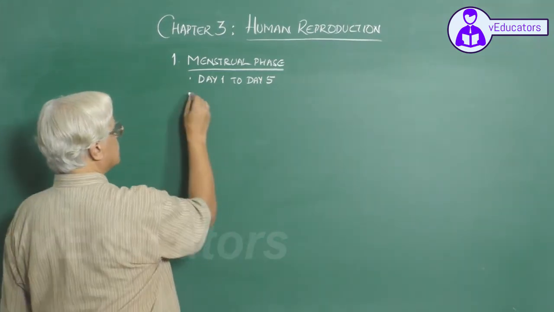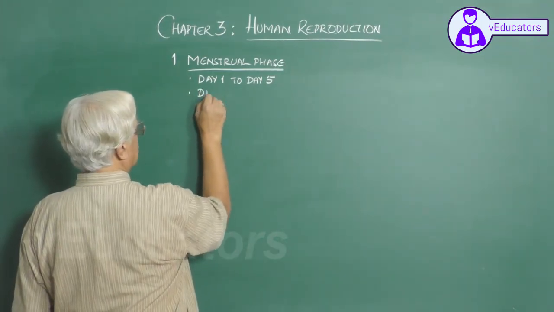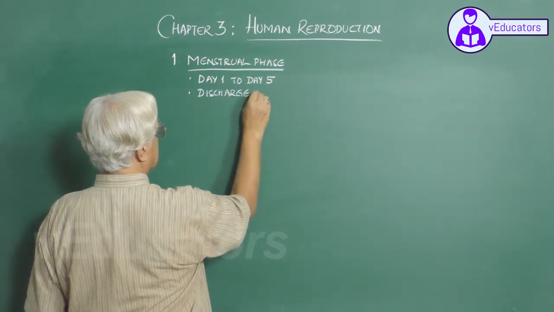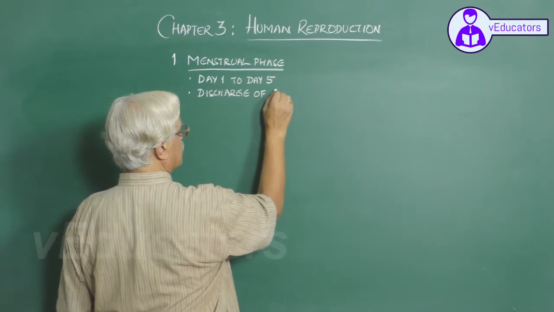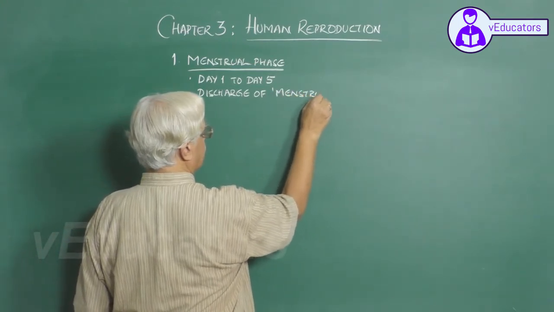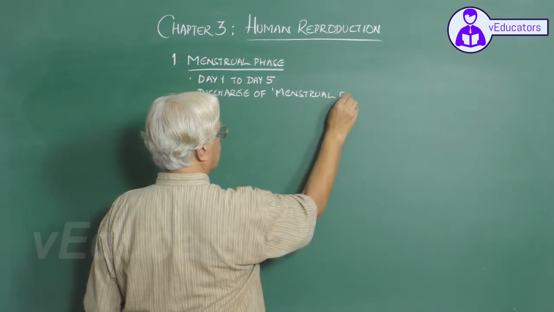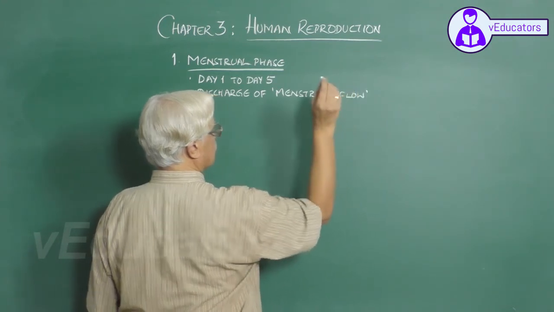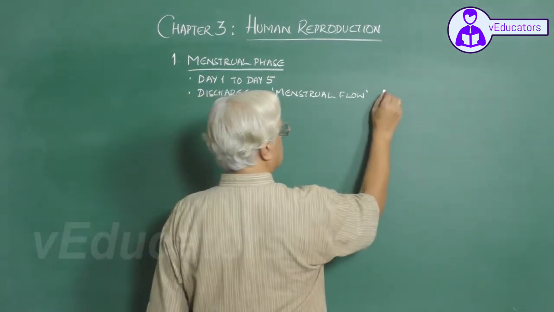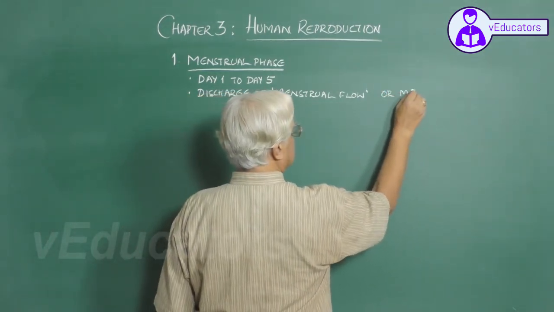It is characterized by discharge of what is called as menstrual flow. Menstrual flow, also known as menses.